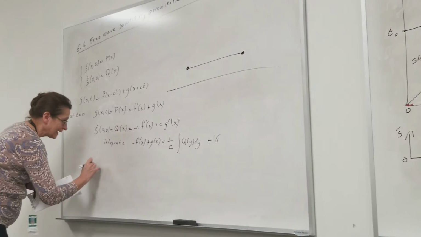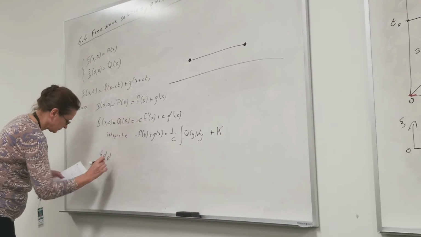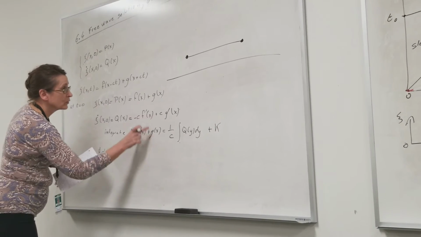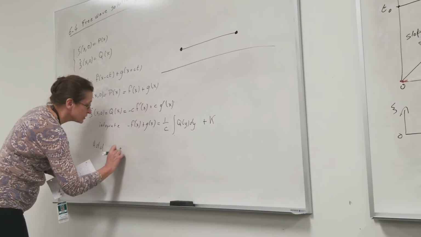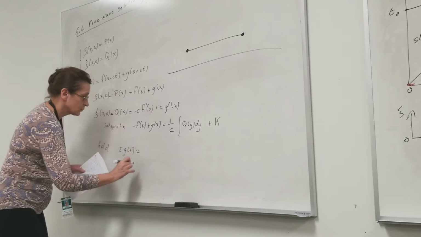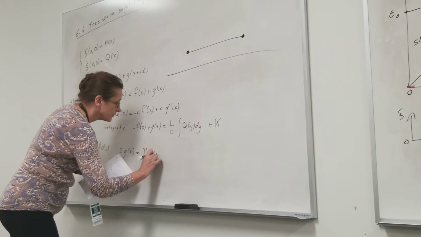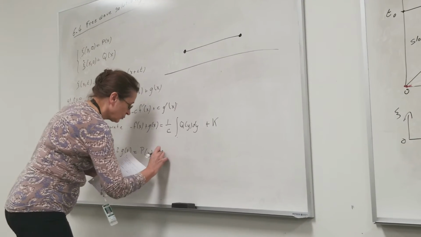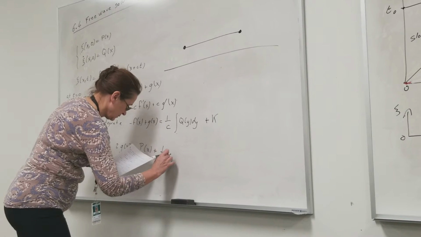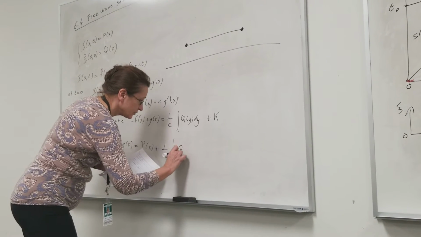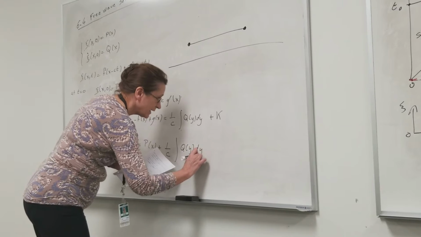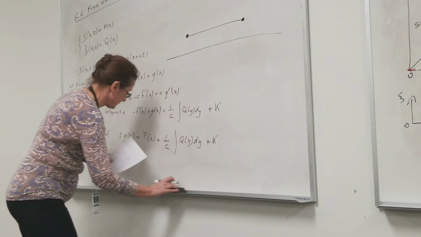So when we add the two equations, we get 2g. 2g of x is equal to p of x plus 1 over c times the integral of q of y dy plus k.